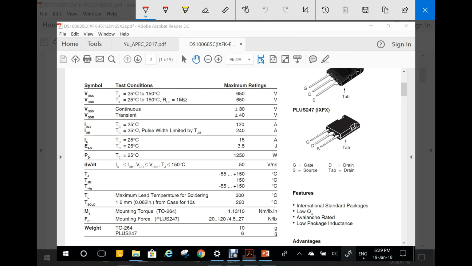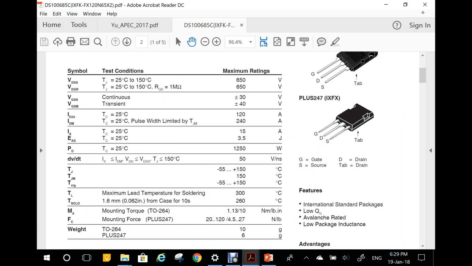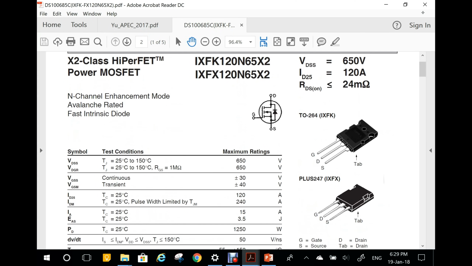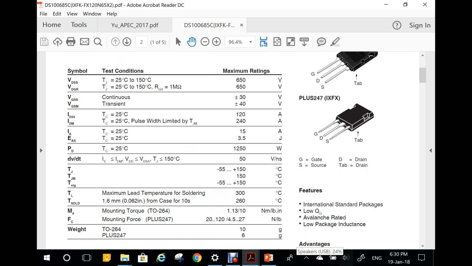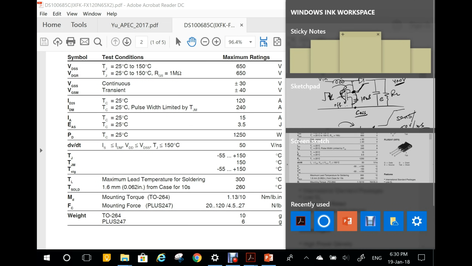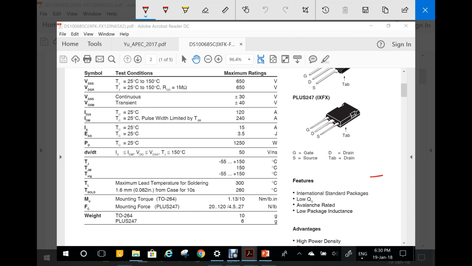Okay, the next parameter we're going to talk about is the torque, and the point is here that these devices, let me go back to the actual data sheet, here it is, do have mounting holes that you put some screws in to hold it to, say, the heatsink, okay?